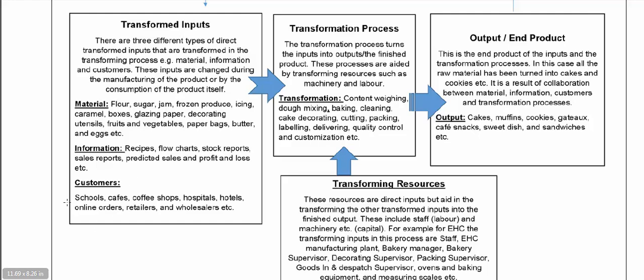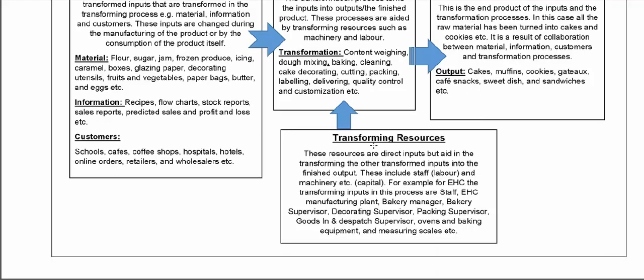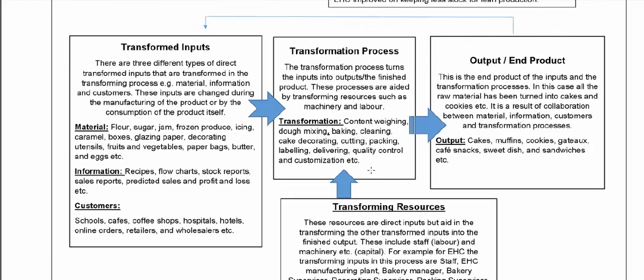It might be that a customer is not necessarily appropriate to the type of business that you're being assessed in. If you look at the output, it's very descriptive, and there is an attempt to categorize the products, although it's quite small. And the transforming resources are quite hard to understand. It's a bit vague. So again, not a great piece of work.